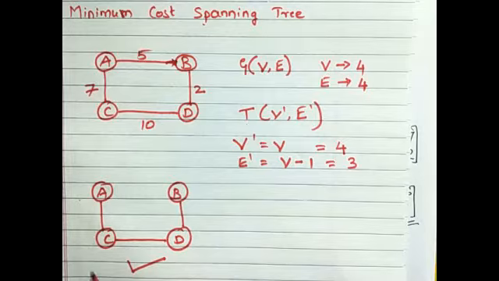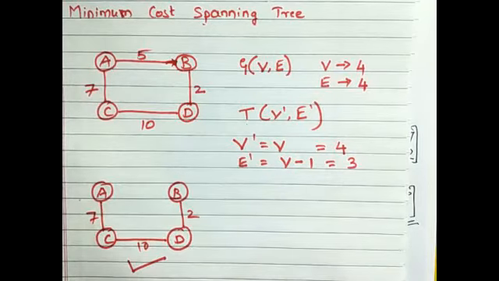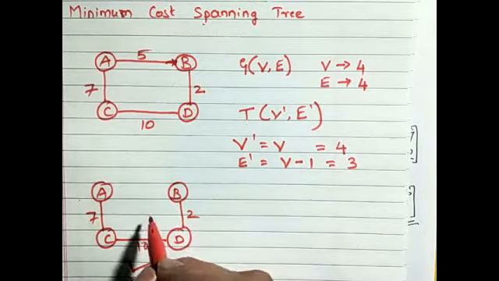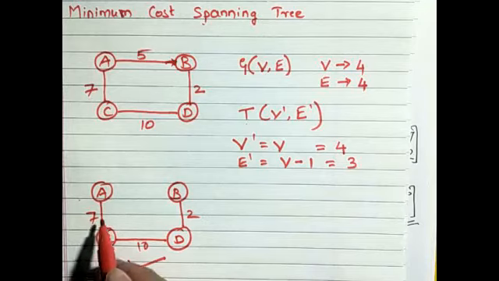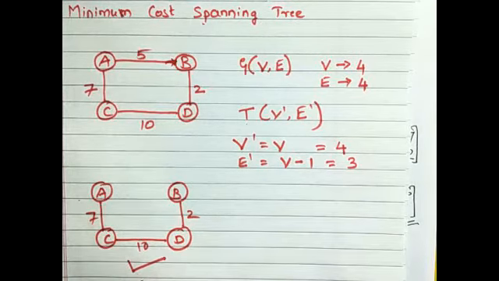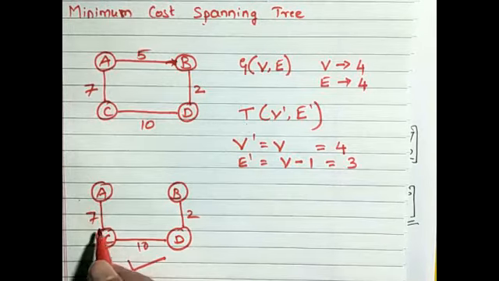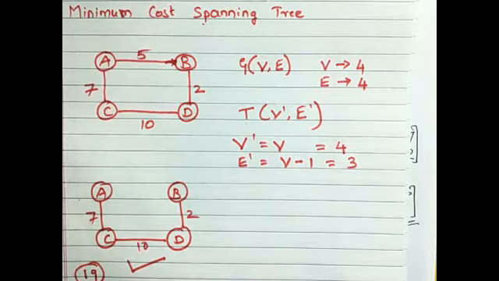In this example, for this spanning tree, these are the weights: 7, 10, and 2. What is the total cost of this spanning tree? It is nothing but the sum of the weights of all the edges. So here it turns out to be 10 plus 7 plus 2, that is, total cost 19 units.